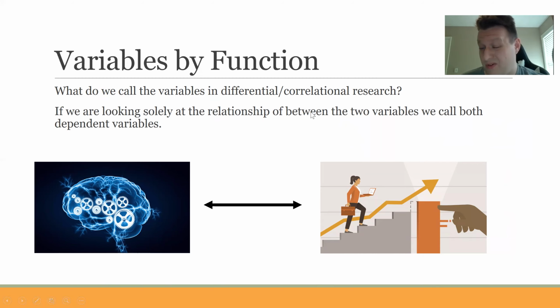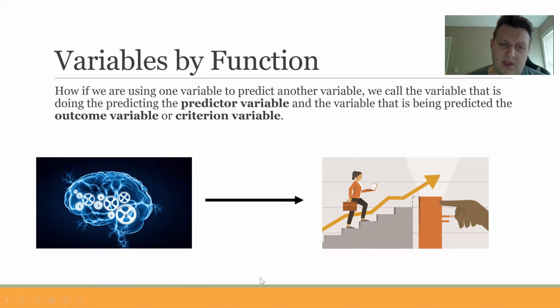All right, so we call both of them dependent variables if we're doing correlational research, specifically when we just care if there's a relationship at all. But sometimes in differential research, we are interested in prediction. We're using one variable to predict the outcome of another variable. So perhaps, especially if we're interested in hiring somebody for a job, we might be interested in using intelligence to predict how well that person is going to do at this job.